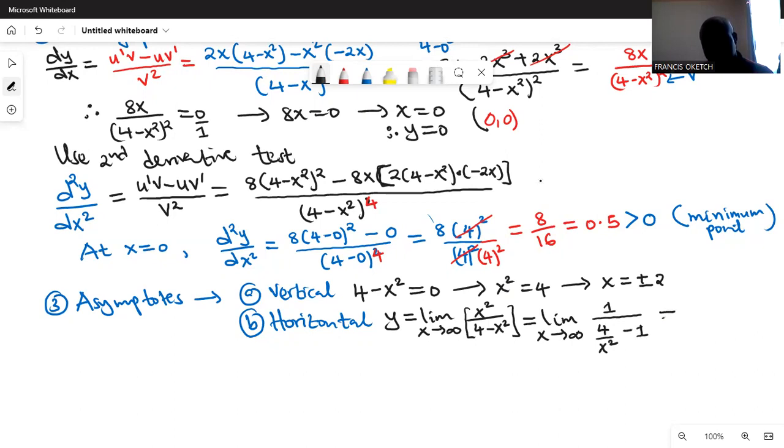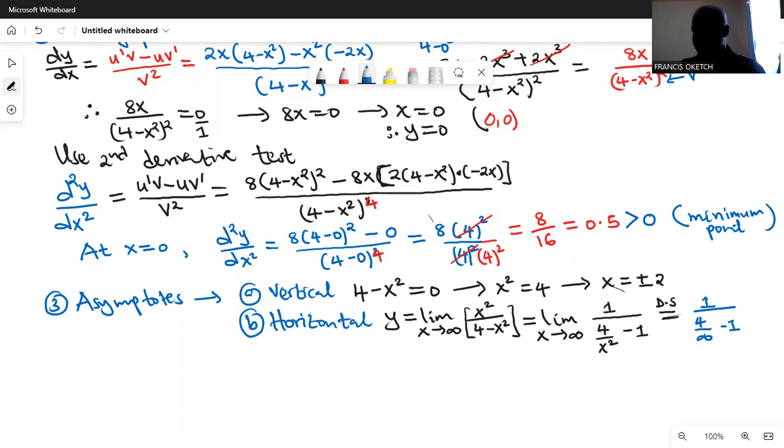X squared over x squared again gives us 1. So when we try direct substitution, where there is x, we put infinity. Let's see what we'll get. We'll have 1 over 4 times infinity; when you square it, you still get infinity. Then minus 1.